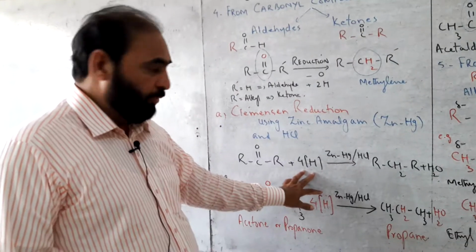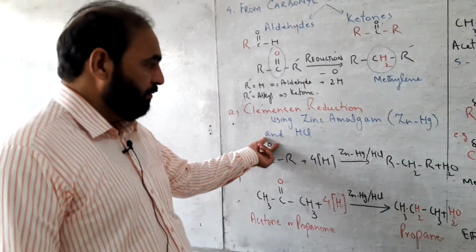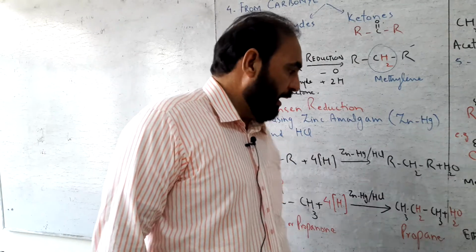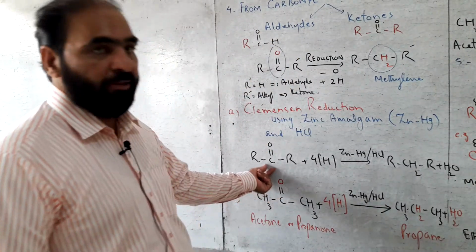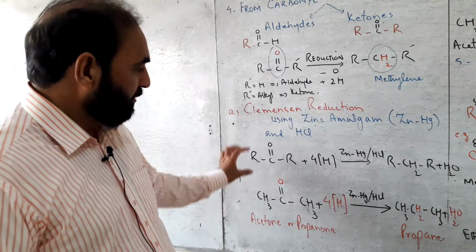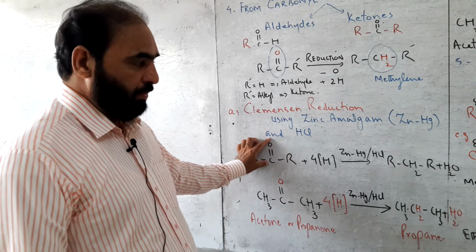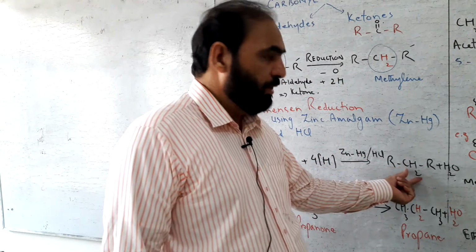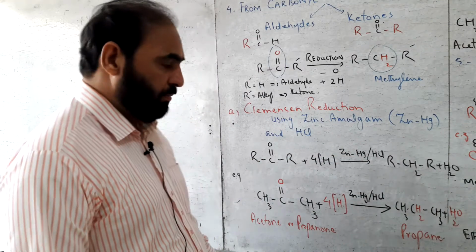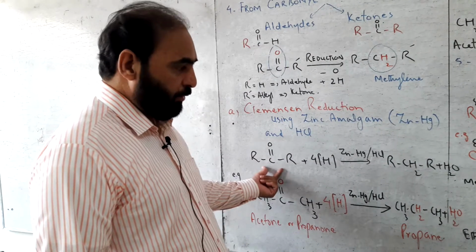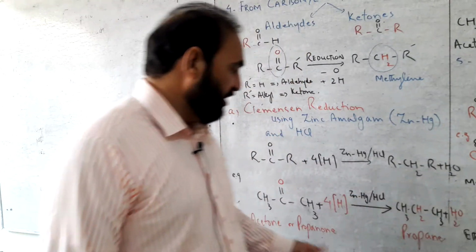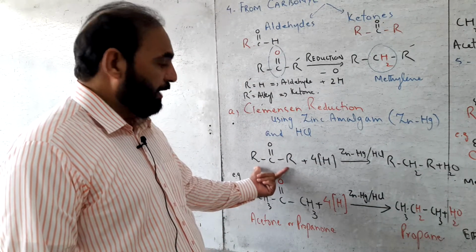Two hydrogens out of four take the oxygen and are changed into water, and the remaining two hydrogens complete the valency of the carbon of the carbonyl compound. In this way, the carbonyl group is changed to a CH2 group, methylene group, and the aldehyde or ketone has been changed into an alkane with the same number of carbon atoms as present in the starting carbonyl compound.